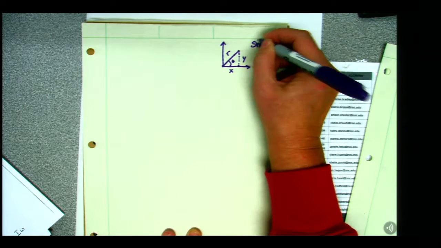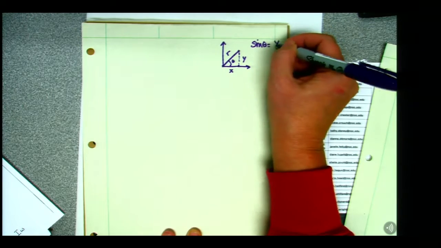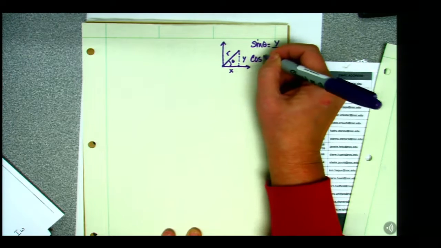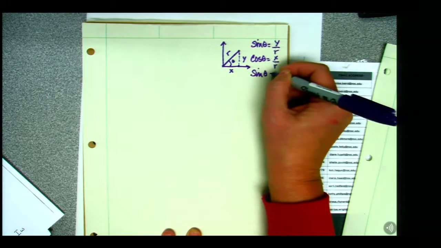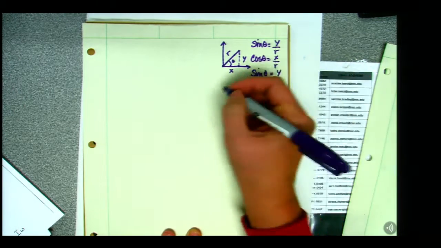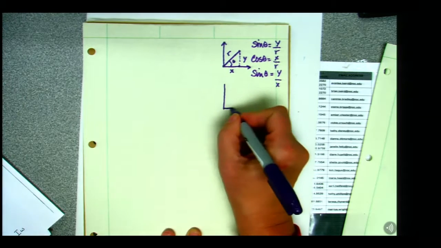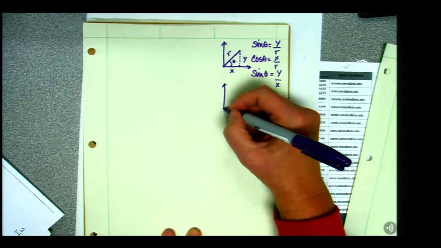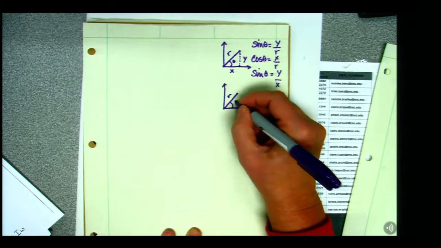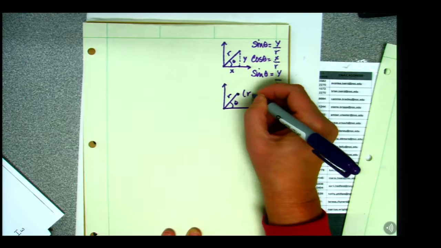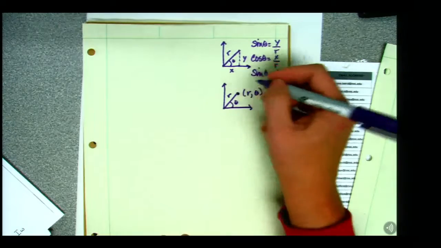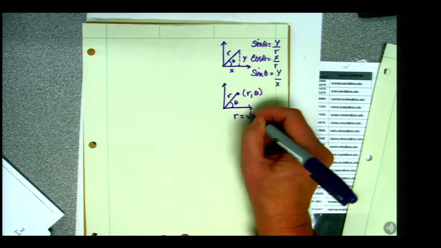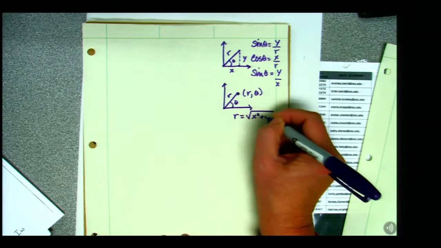And I have the sine of the angle in this context is Y over R. Cosine of the angle is X over R. Tangent of the angle is equal to Y over X. We also can convert to our rotational point of view, where this is R, this is my angle, and this point is in R theta. So we've looked at two different coordinate systems. Also, R is going to equal the square root of X squared plus Y squared.